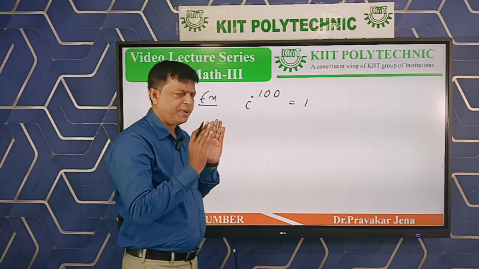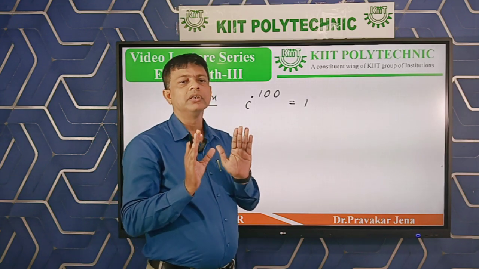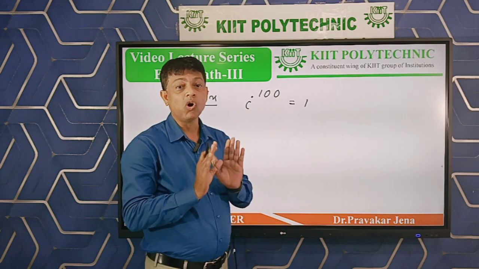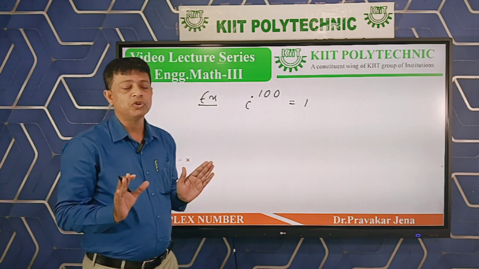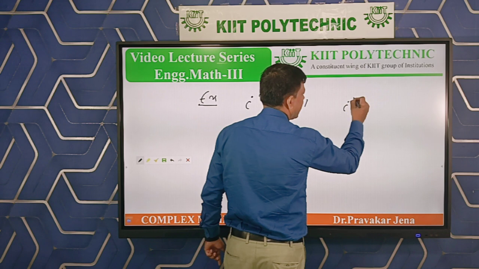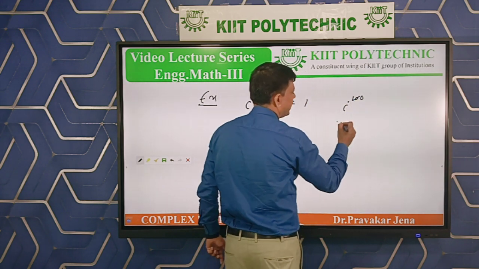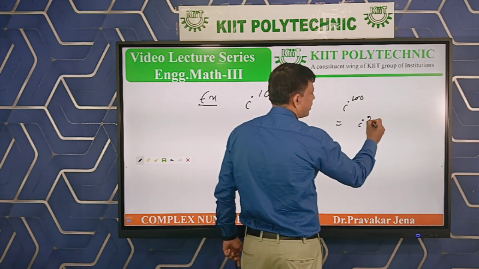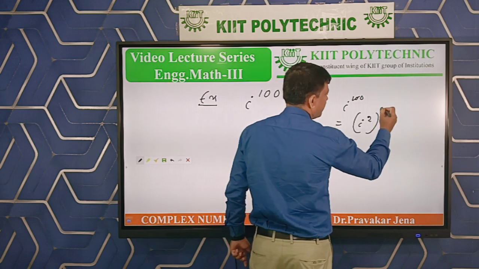But every even number is divisible by 2, while not all even numbers are divisible by 4. We can find i to the power 100 by using another format: i square to the power 50.